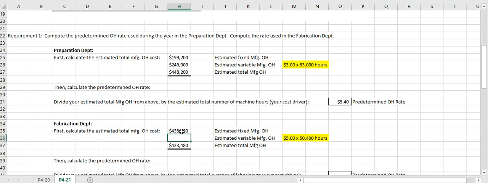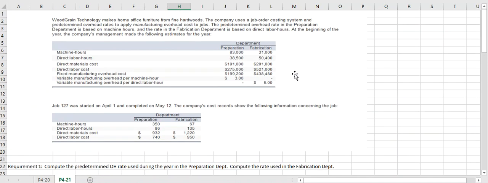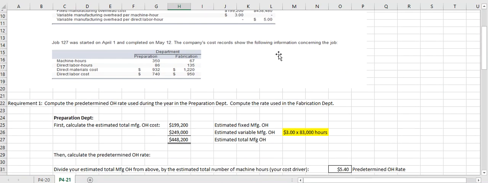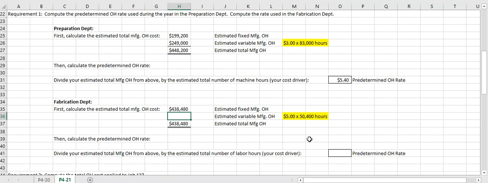So to do that, we need to know the amount per hour and the number of hours. So back up here, we've got $5 per direct labor hour in variable overhead. And in the fabrication department, we're using direct labor hours as our cost driver.